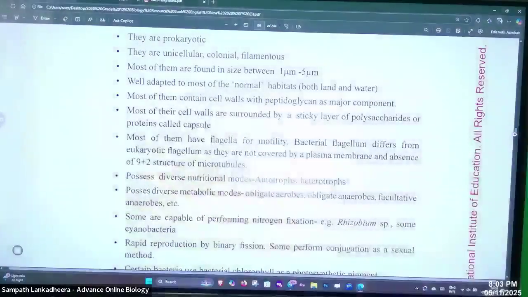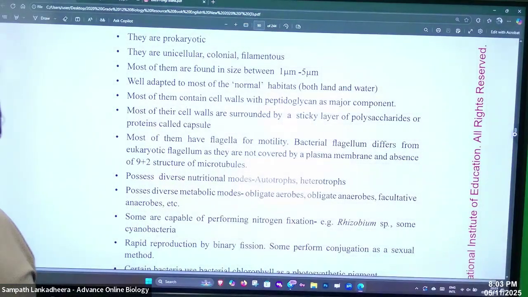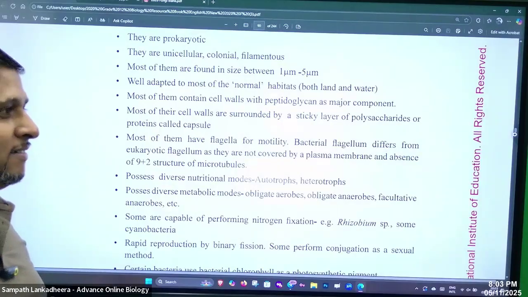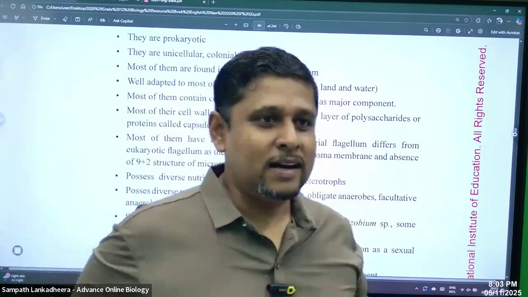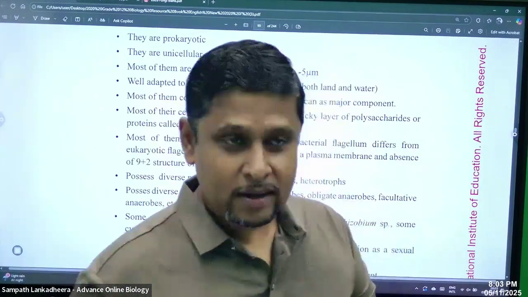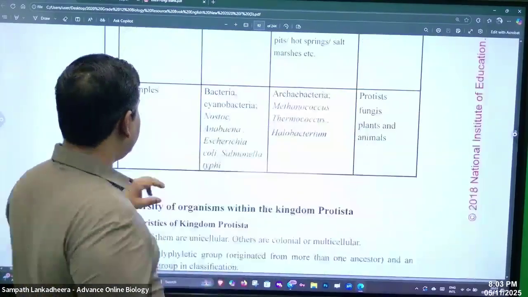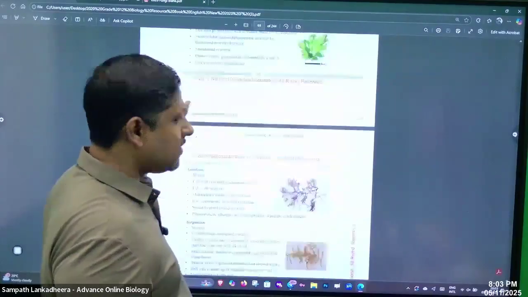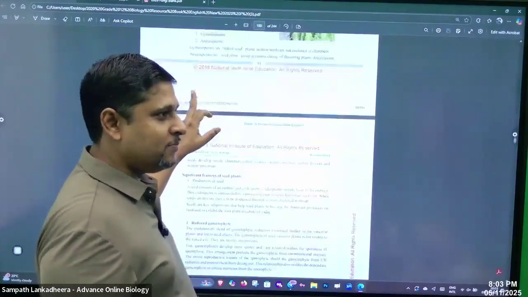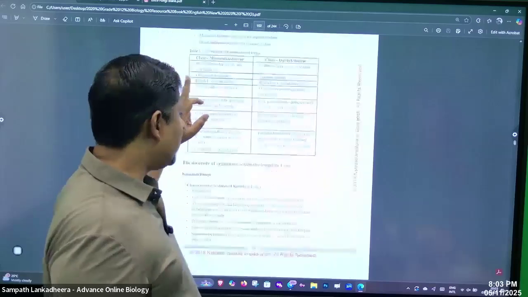People, we'll start with the plant life cycle, right? Plant life cycles. Anthophyta.